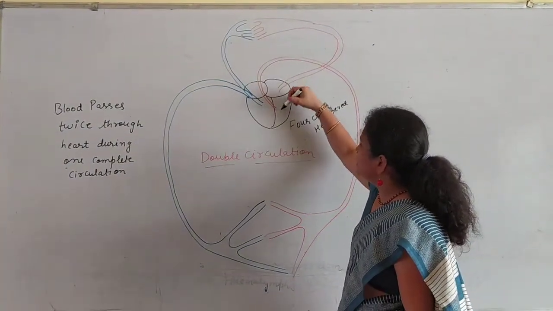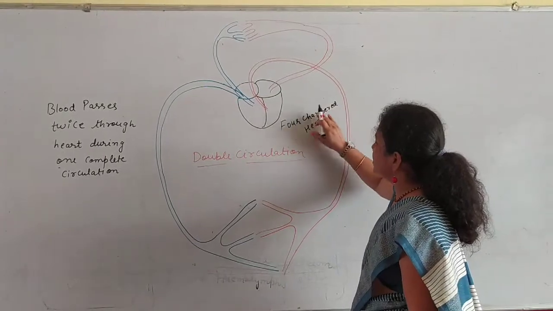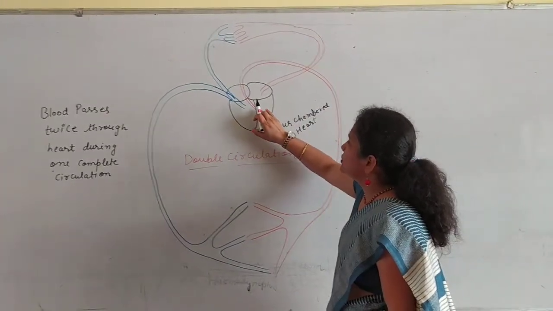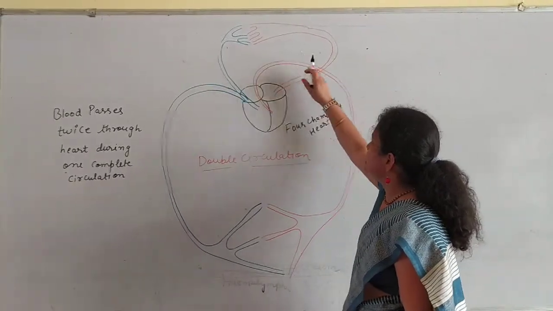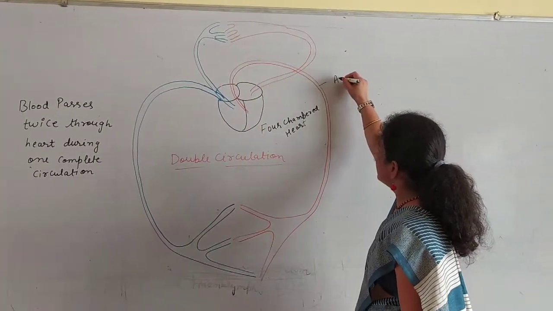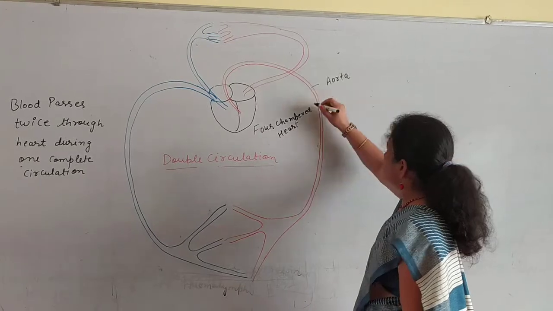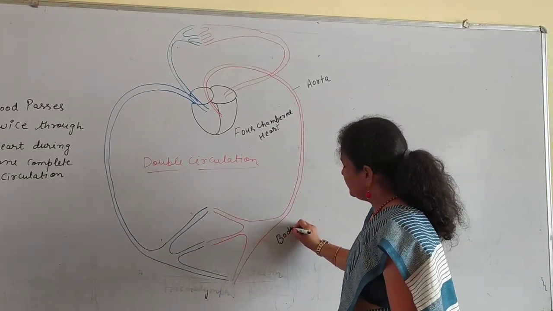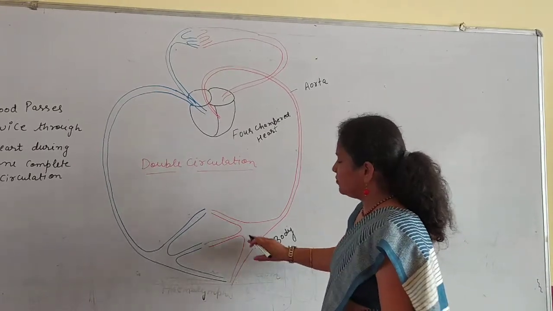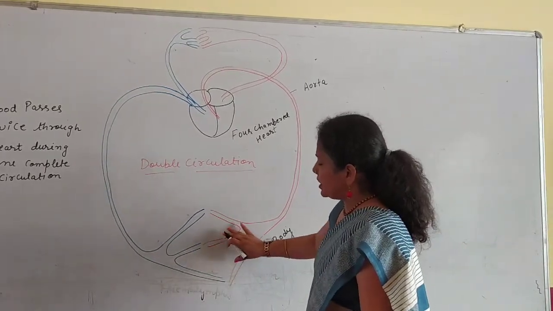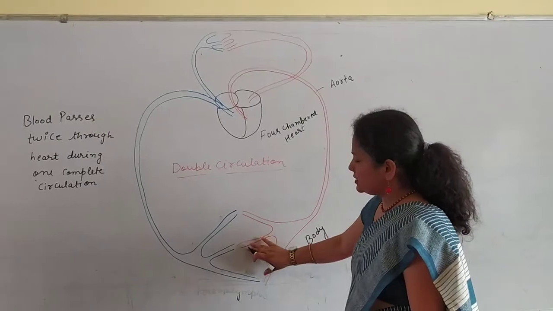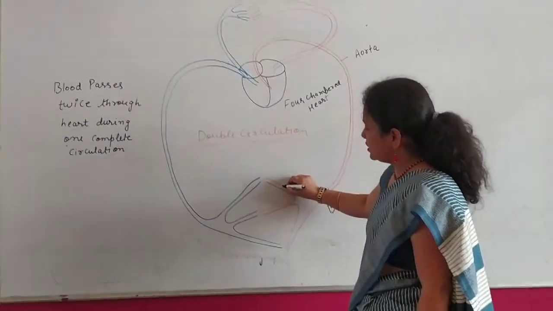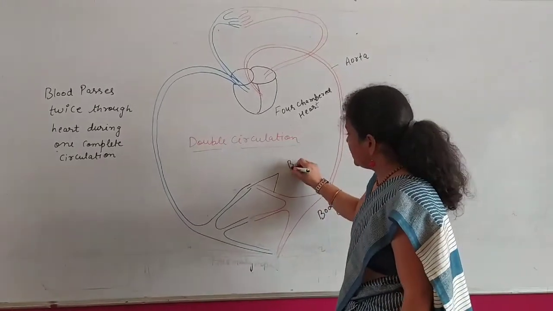The left ventricle supplies the blood to the main artery, known as the aorta. This aorta then supplies the blood to our body, where there is an exchange of gases and the blood becomes deoxygenated. Here these are the blood capillaries.